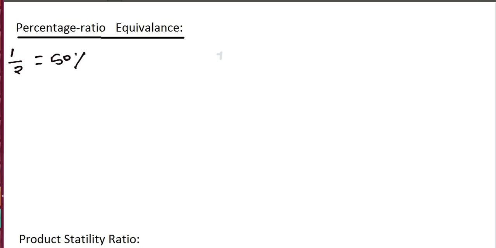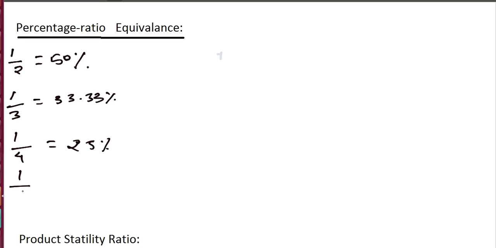Half means 50%. One third is equal to 33.33%. One fourth is half of one half, that is 25%.